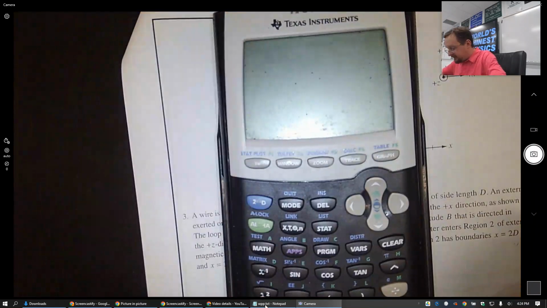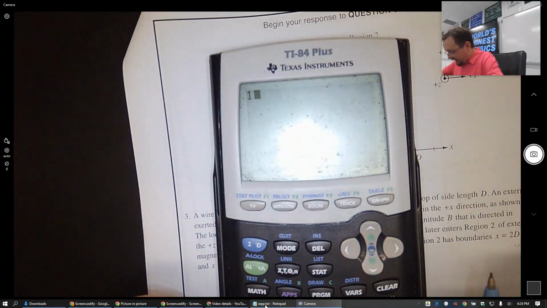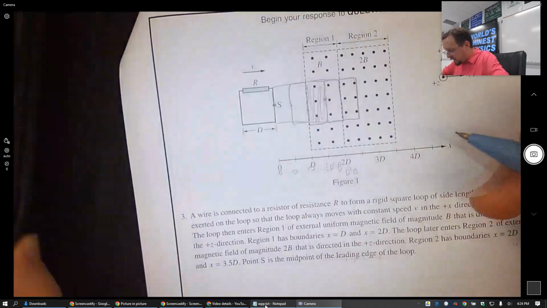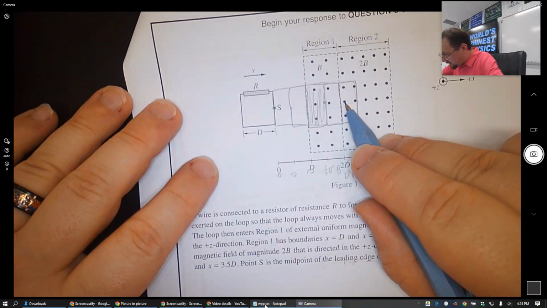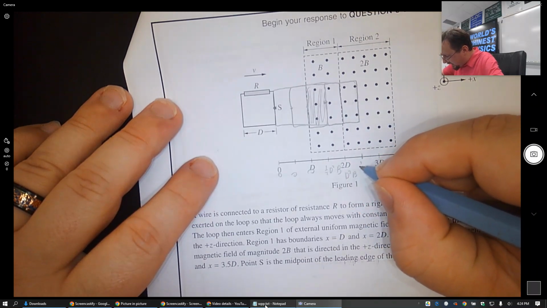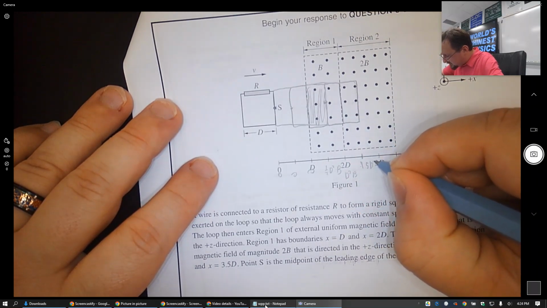My brain is so fried I can't even do basic fractions. 1/2 times 2 plus 1/2 times 1 is 1.5. Okay. So then this is going to be 1.5 d squared B.